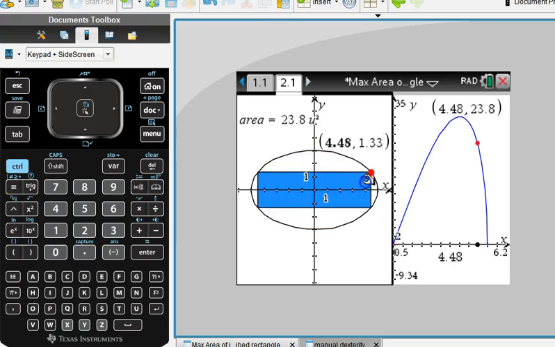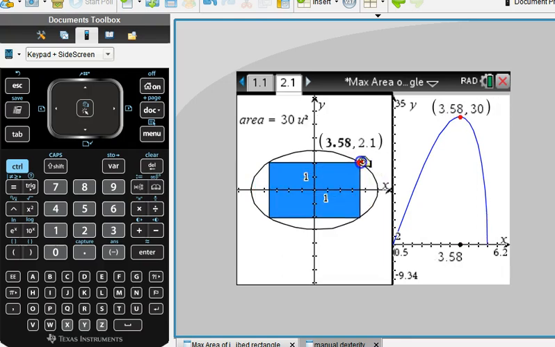And if x is 5, the area is 0. And somewhere in between, when x is around 3.5, the area is at a maximum. So it looks like the maximum is 30. Notice the 30 kind of stays there for several values of x. That's because of some rounding issues we have here. But we're going to find exactly what value of x is going to give us that maximum value. So we're going to find the maximum point on the graph.